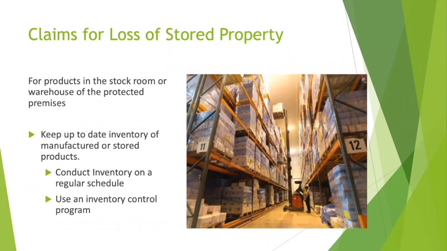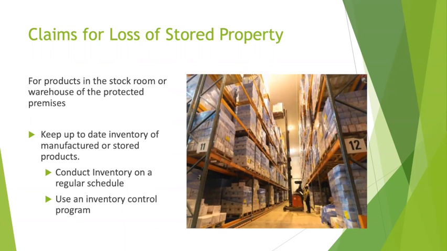There's also a rider that you can get for claims for lost or stored property. When you start looking at this loss of stored property, it can be from stuff that you have manufactured, or it can be products that you have bought for a specific job that are still in your warehouse, in your building.